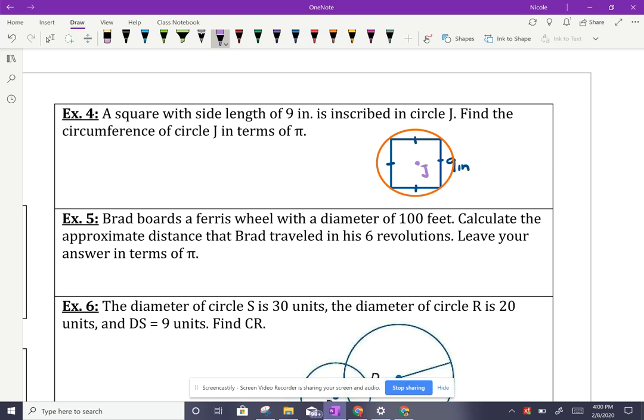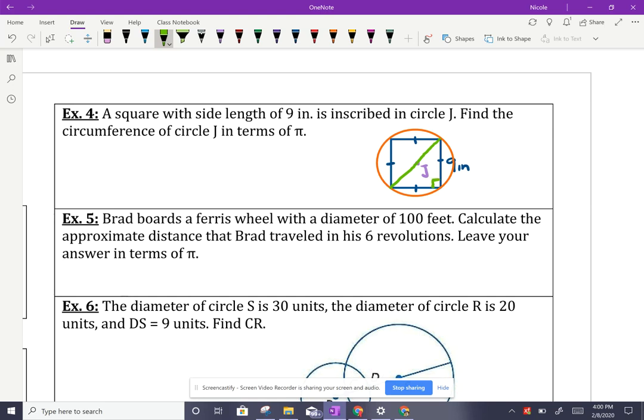In terms of pi. So first I need to find either the radius or the diameter in order to find the circumference, right? So if I know a side length of my square is 9, if you think about it, your diameter is the what of a square? It's the diagonal. And of course, what do we know about squares?